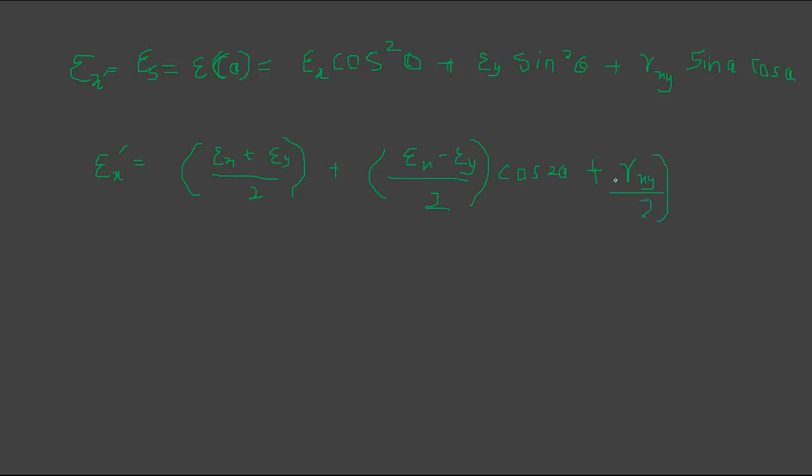Because you usually draw this Mohr circle of strain on epsilon and gamma xy by 2 axes, right? Mohr circles of strain, remember?